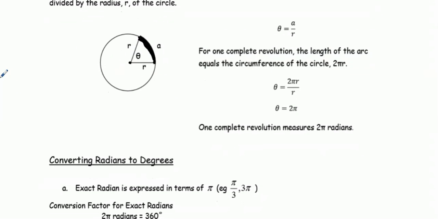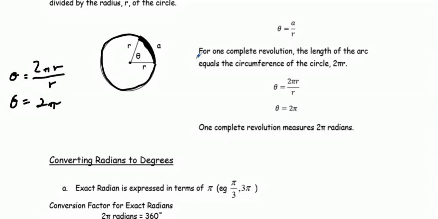Well, let's think about it in terms of going all the way around. If you go all the way around the circle, that's the circumference of the circle, and that is 2 pi r. So the arc length is 2 pi r. If we divide it by the radius, then we get theta equal to 2 pi.